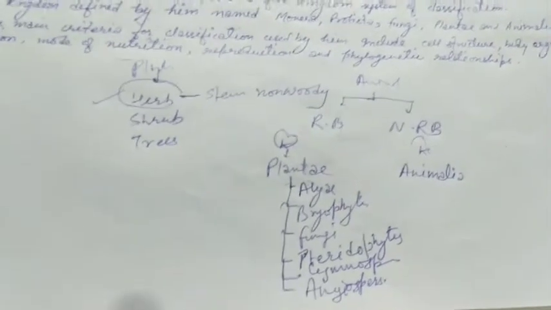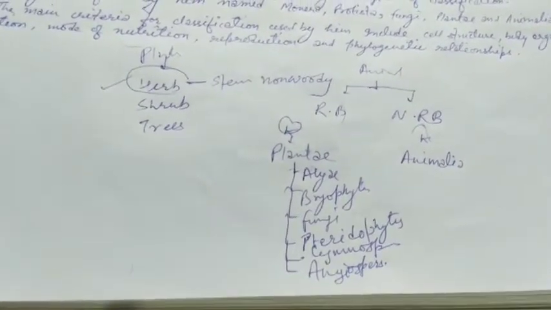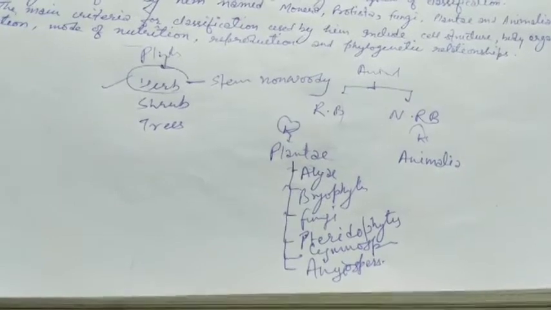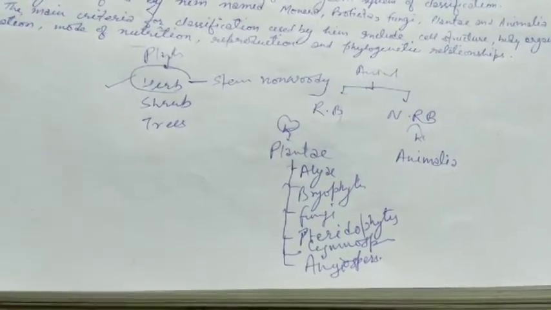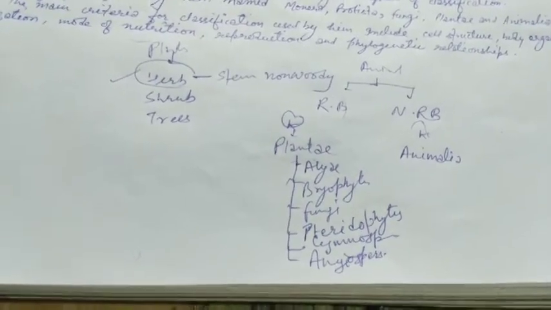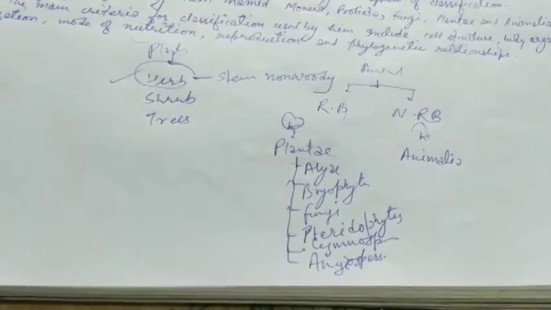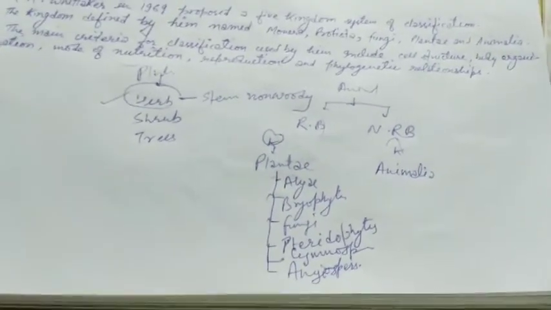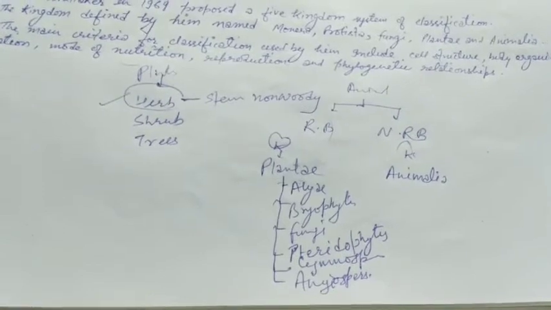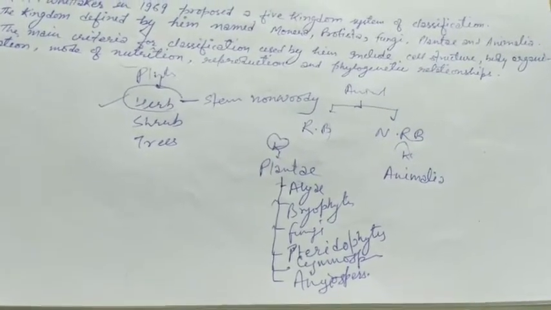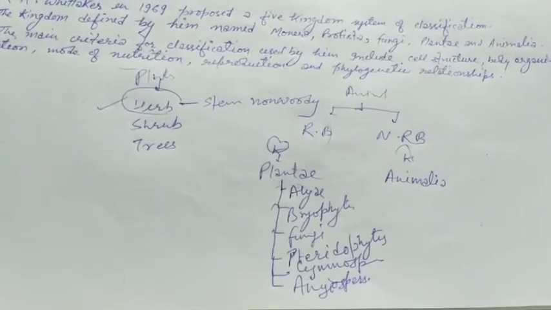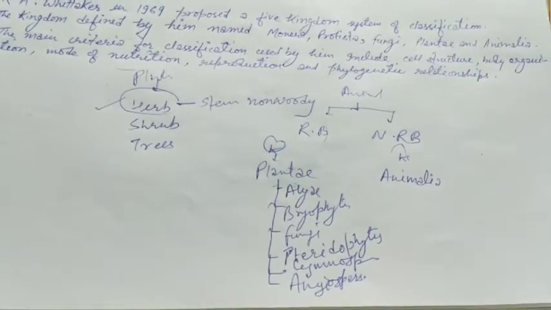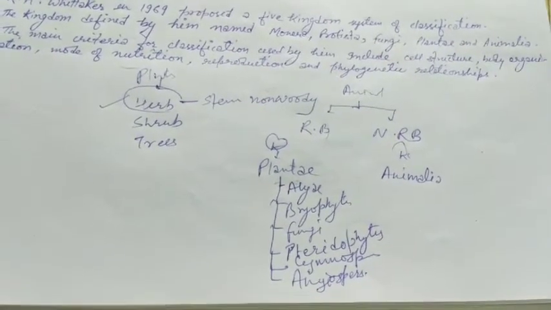But the problem is a large number of organisms did not fall into either category. They are neither true plants nor true animals. And hence the two kingdom system of classification, used for a long time, was found inadequate.